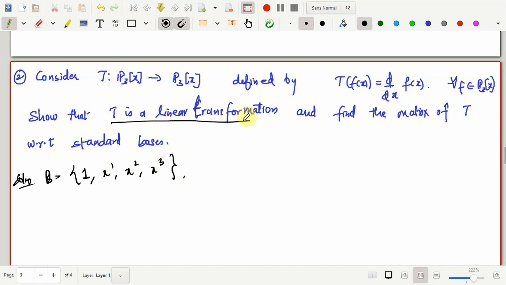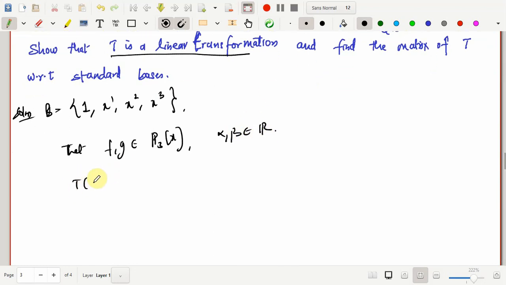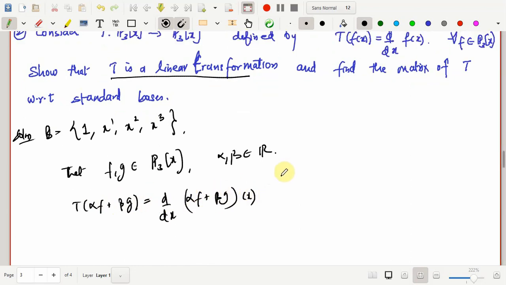Show that T is a linear transformation. This I will leave as homework. It's very simple in fact, so let me show it. So suppose I have f and g belonging to P3 of x. This T is actually called the differential operator, and alpha, beta are scalars. We will show that T of alpha f plus beta g, by definition, is the same as d by dx of alpha f plus beta g evaluated at x, right?